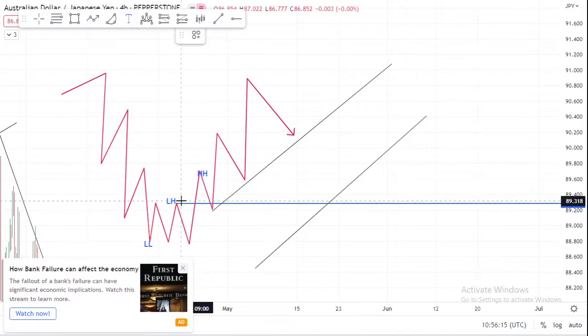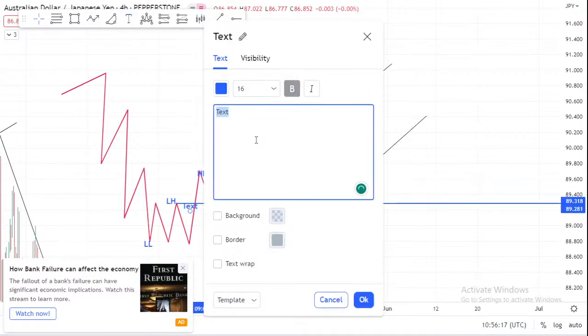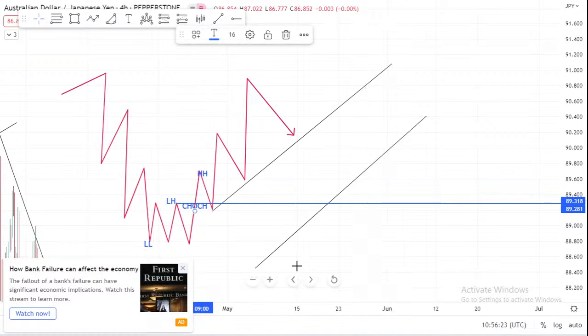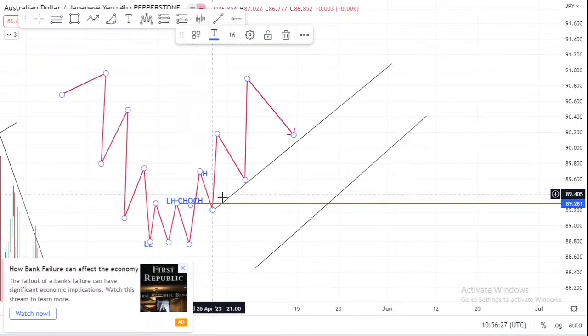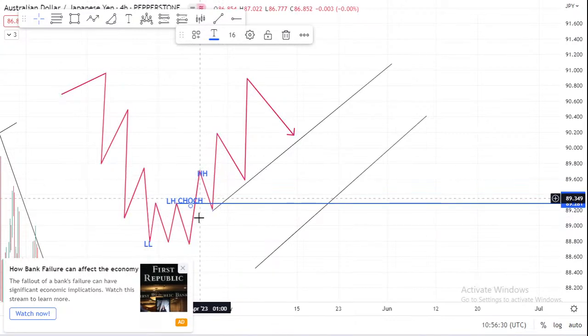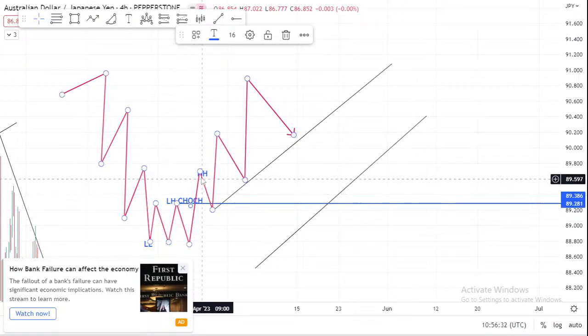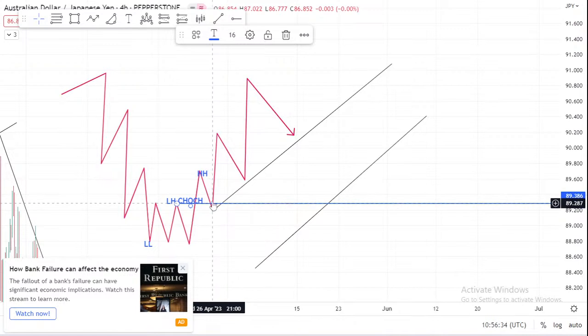So that's why you'll find most people writing something of the sort around those kinds of zones. So this is a change of character. Once the change of character has happened, the market will always come down to retest around that zone.